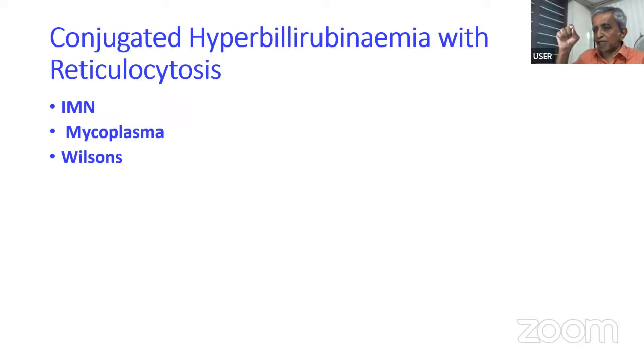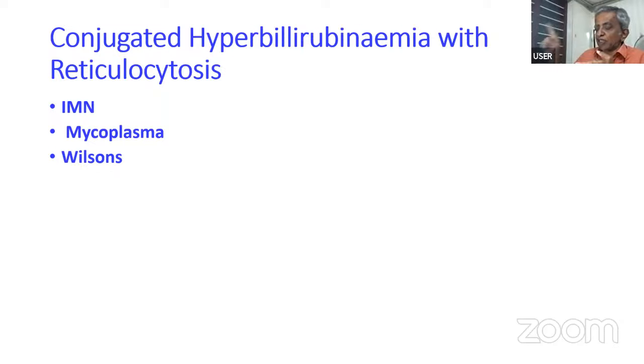Consider it in any unexplained hemolytic anemia where there are no spherocytes, no acanthocytes, no G6PD deficiency, no Heinz bodies, Coombs negative, where no cause is found, particularly in young children or patients, because free copper is an erythrotoxin. So here you can have a patient who has hemolysis happening.